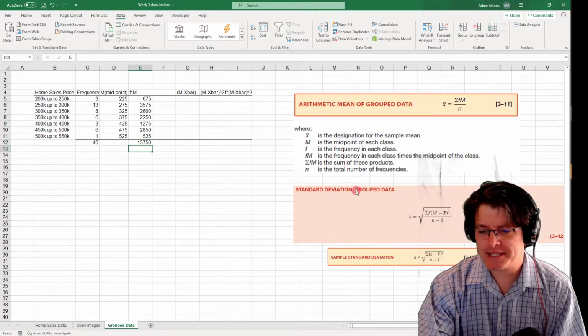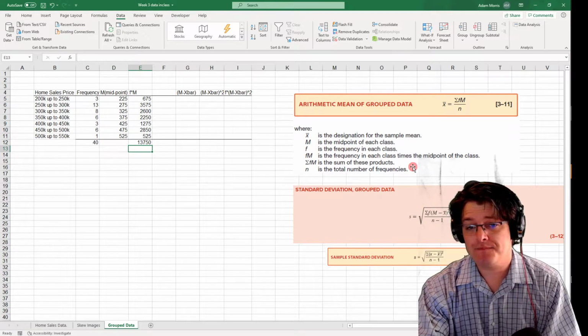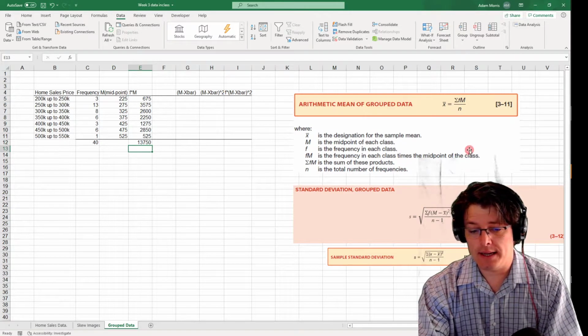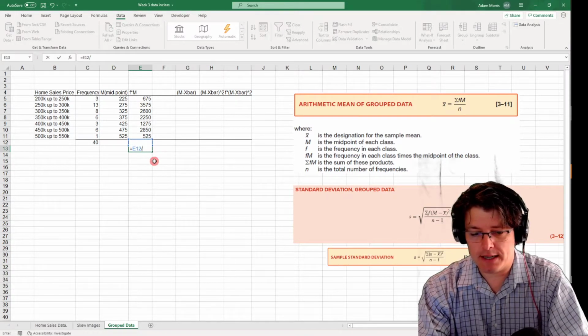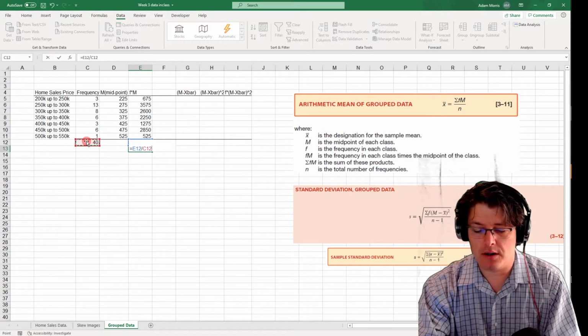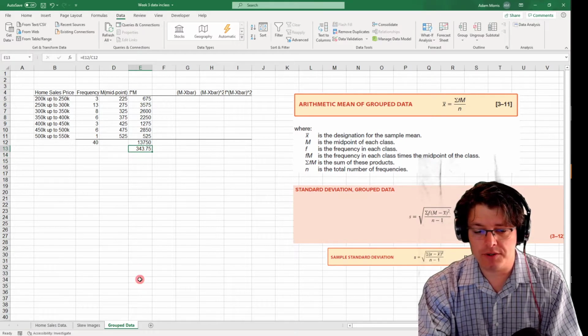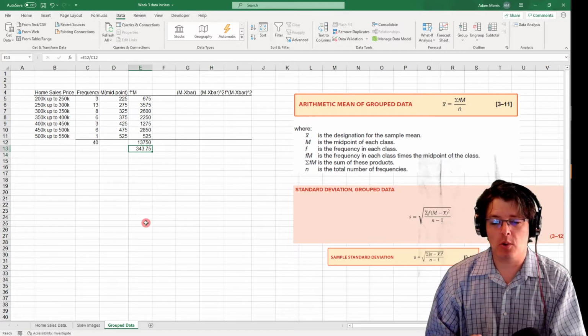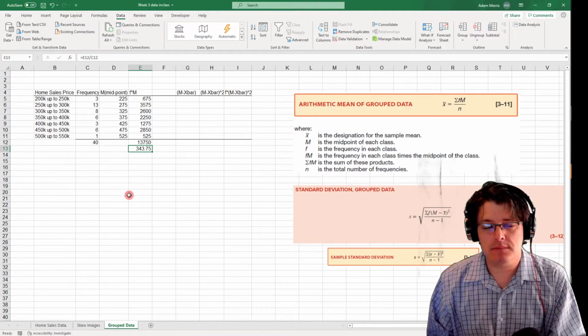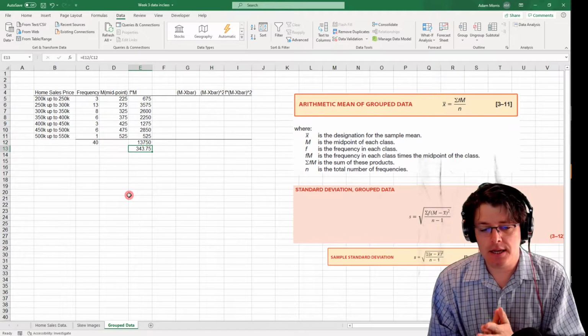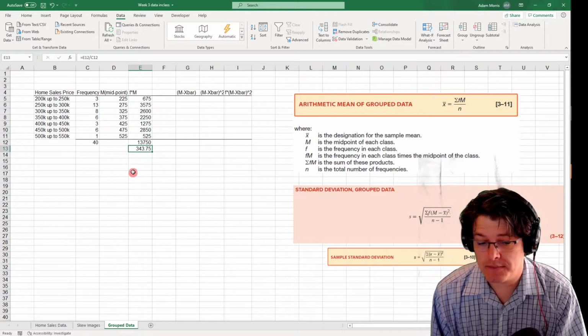And then lastly, we need to divide by n. Okay, and we'll take this number divided by 40, or our count. Okay, and we return 343. So our average, or our mean of the grouped data suggests that the mean is 343,000.